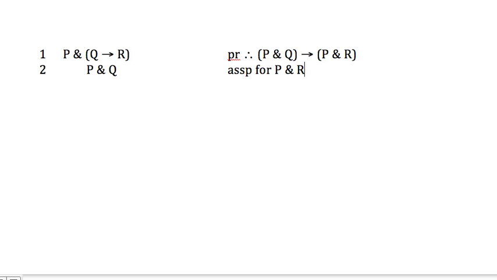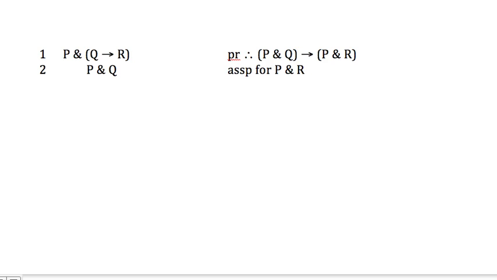What should happen? Well, when we simplify this, we can get P and we can also get Q. We can simplify this, however, and we're going to get, in addition, Q arrow R. That's the crucial thing.